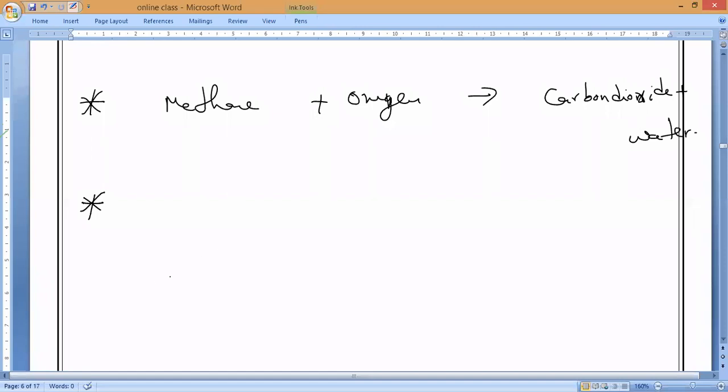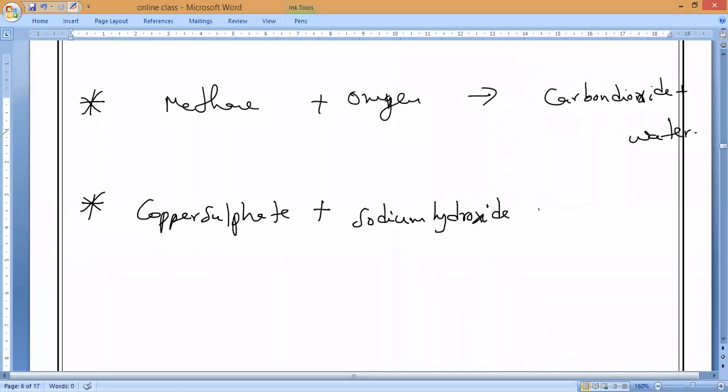Homework 2. Copper sulfate reacting with sodium hydroxide will give you copper hydroxide plus sodium sulfate.